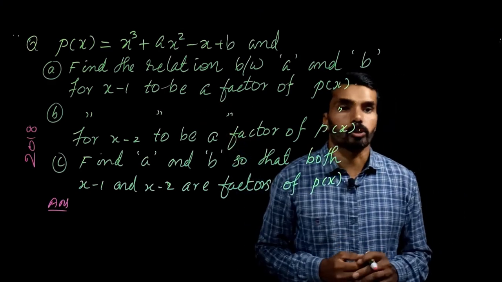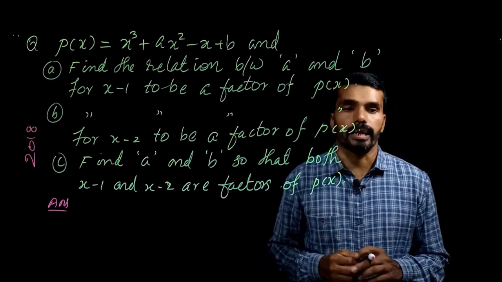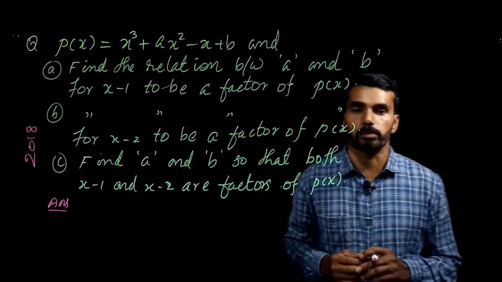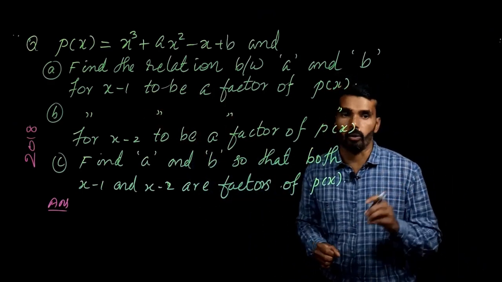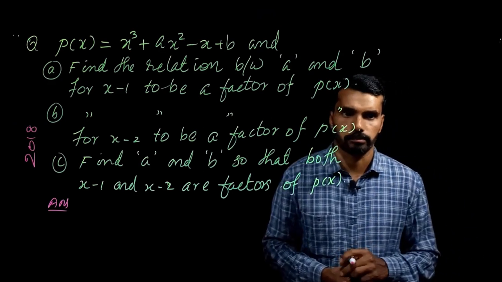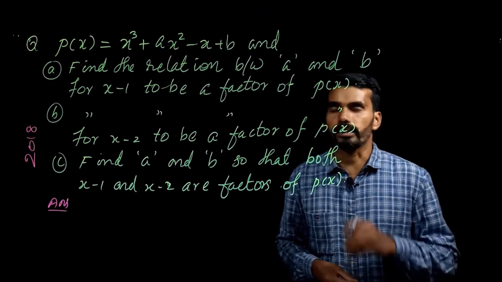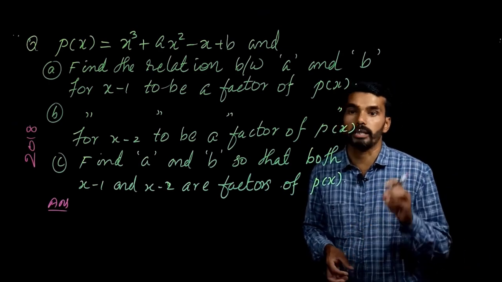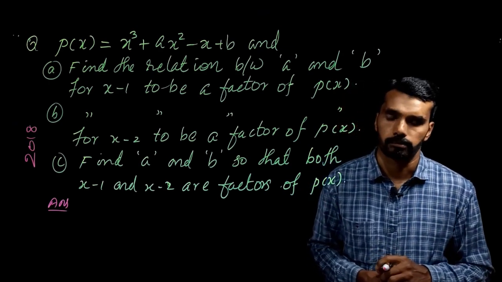Okay, now let us move to the next question. p of x is equal to x cubed plus ax squared minus x plus b. First, find the relation between a and b for x minus 1 to be a factor of p of x. Second question, find the relation between a and b for x minus 2 to be a factor of p of x.